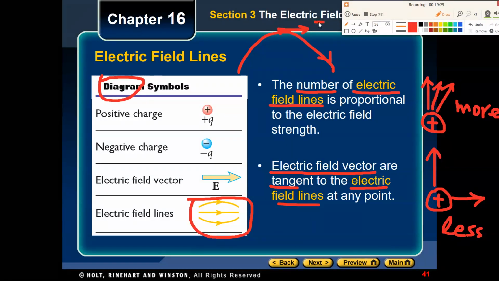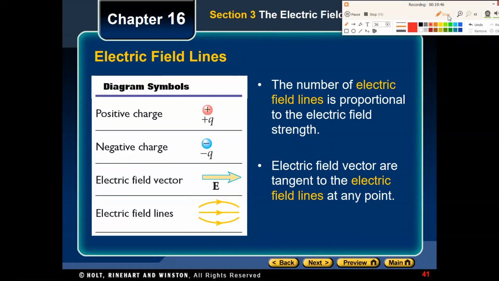This tangent is the electric field vector at this point. The line is a curve, and the tangent at a certain point is the electric field vector direction.